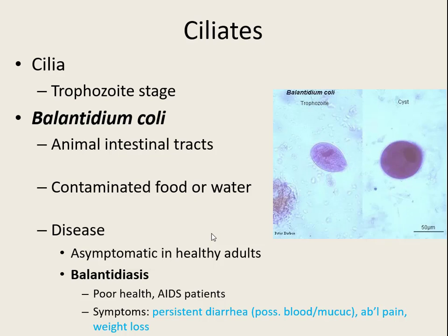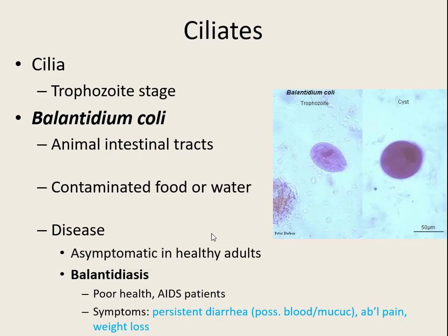Coli is just representing that E. coli is found in the colon or the intestines. Well, Balantidium coli is not a bacteria like E. coli. It's a protozoan, but it is still tied to the intestinal tract, specifically the animal intestinal tract. How we as humans get it is by drinking contaminated water or eating contaminated food that has that cyst stage in it, aka it's fecal-oral transmission.